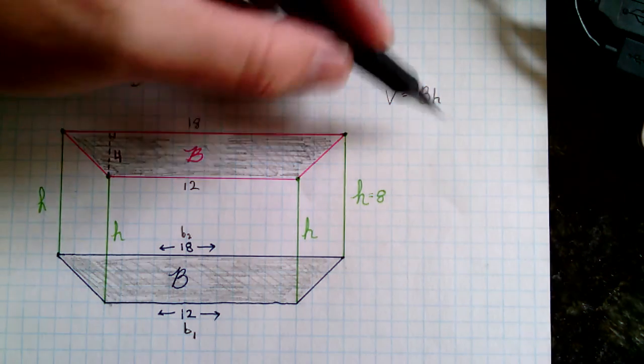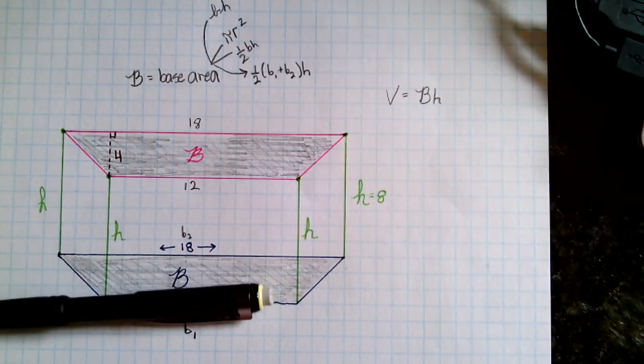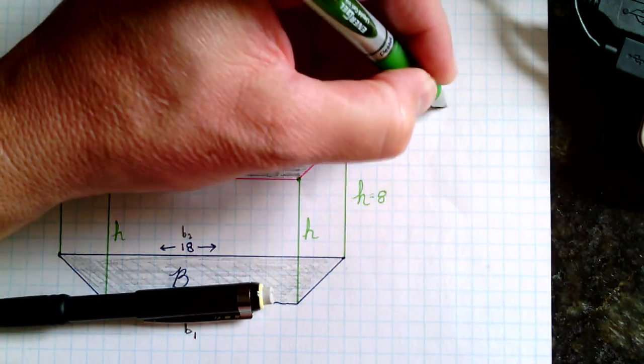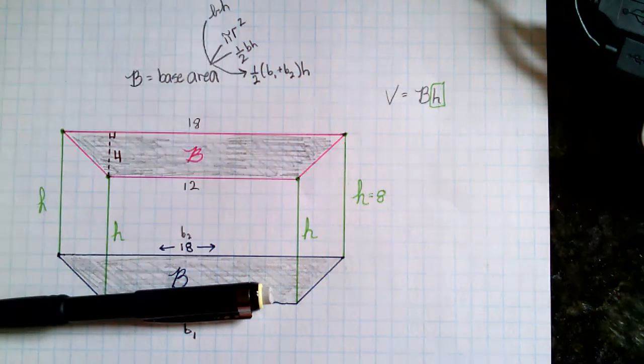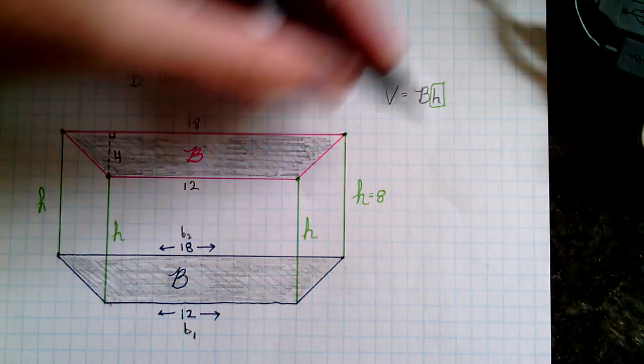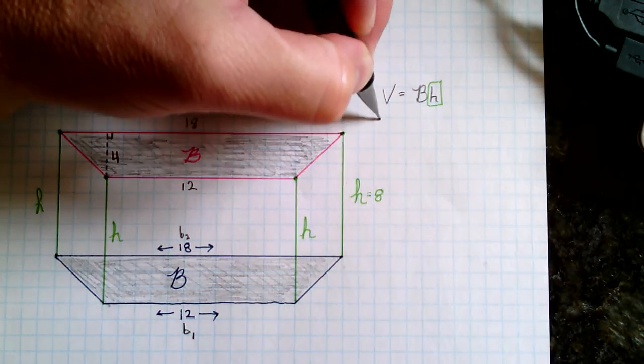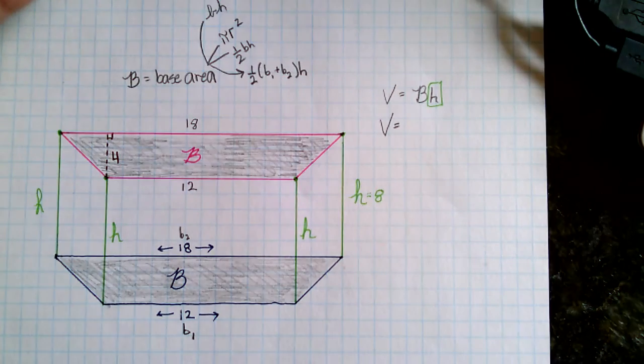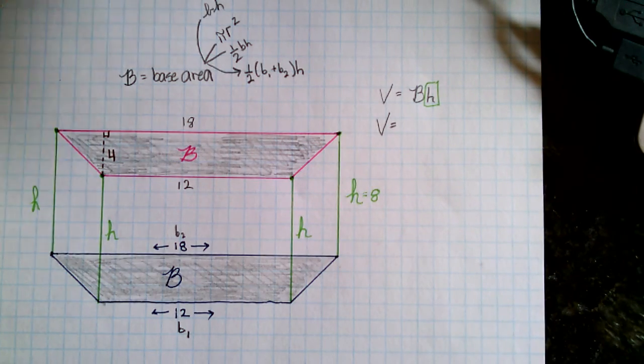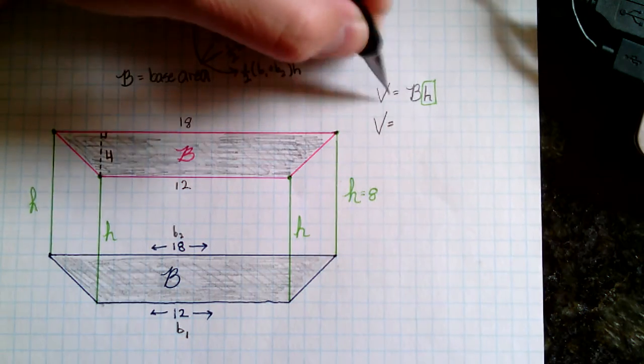Okay, now this height right here in particular is green. So that's this distance between the two bases. So the way to solve a problem like this, if you're finding the volume of a prism or a cylinder, you first have to analyze the base.